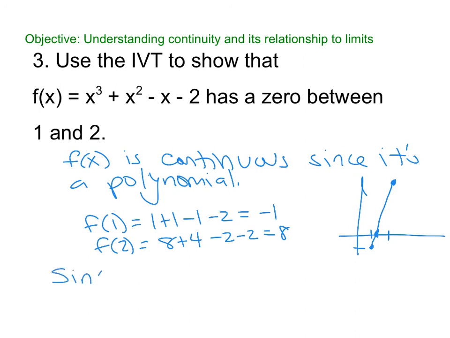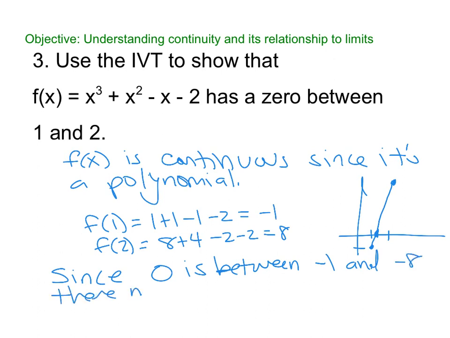So f of x is continuous since it is a polynomial. Since 0 is between -1 and 8, there must be a c value such that f of c equals 0.